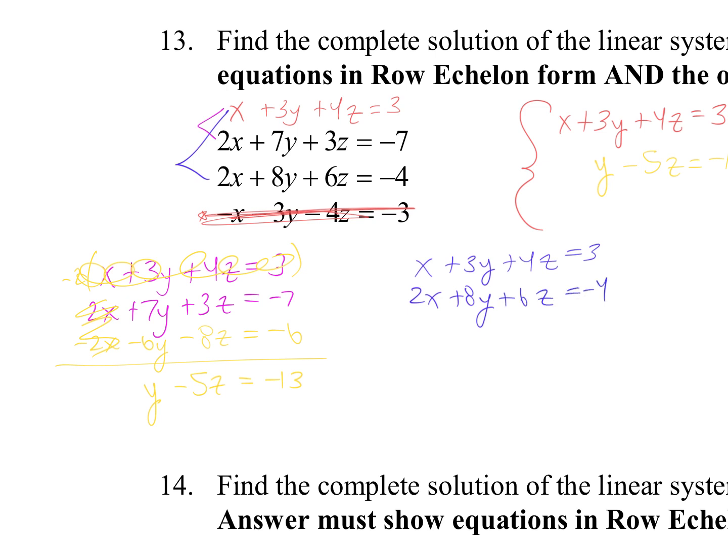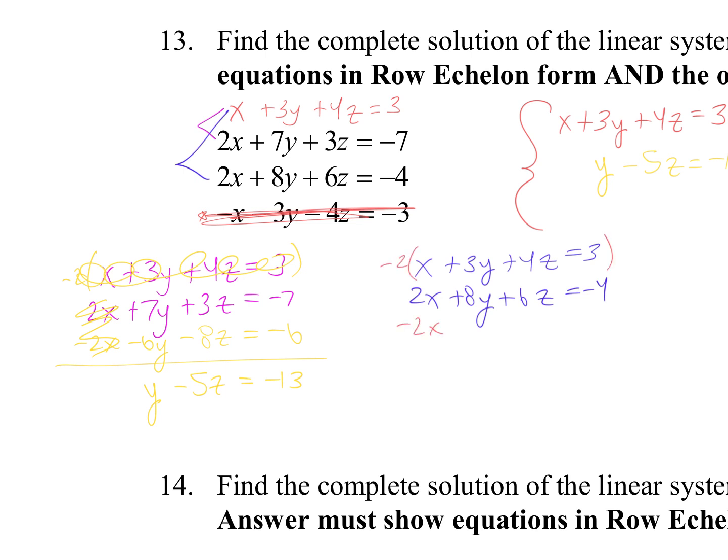Does anybody notice anything about that second equation? I mean, the third in our list of equations, but you notice anything? You could divide everything by 2 if you wanted to. If you see that you could divide through by a number to make your number smaller, feel free. You don't have to, but if you see it, go ahead and do it. So I'm going to multiply the top by -2.